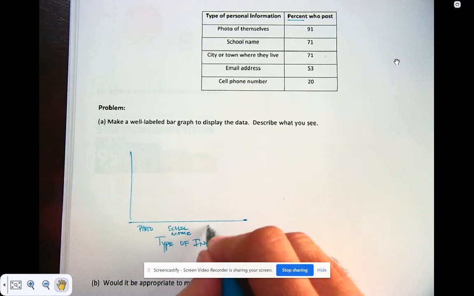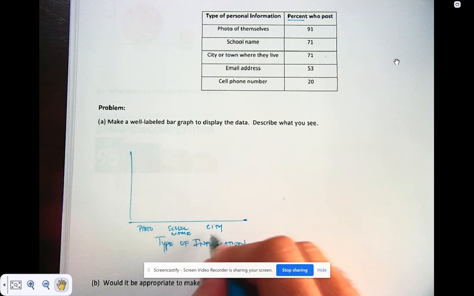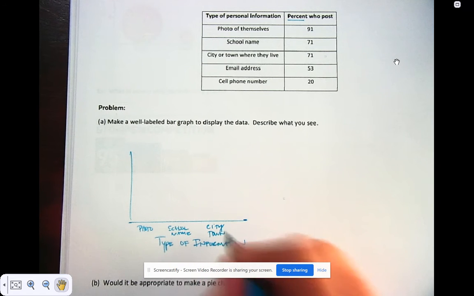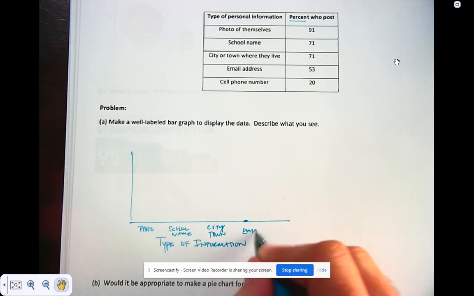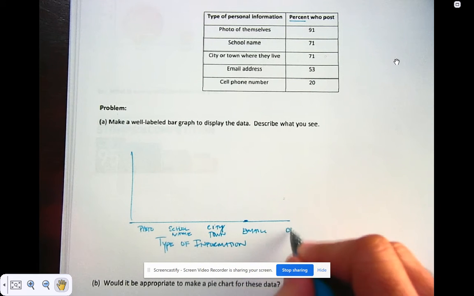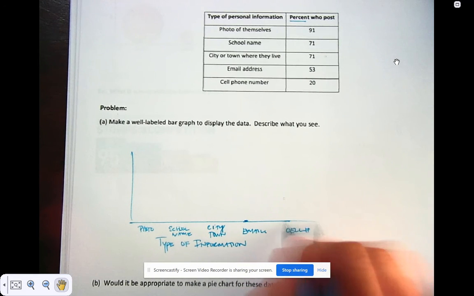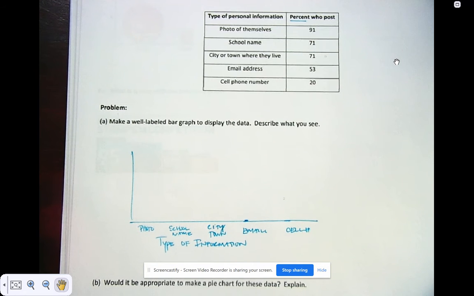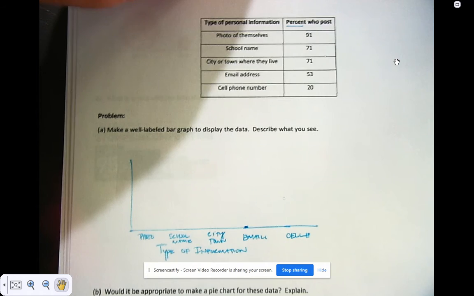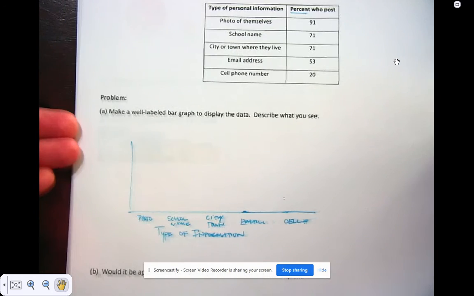You've got a city or town. You've got email. And you've got a cell number. Okay, and if you have a ruler, that'd be awesome. I'm sitting at home at my desk because it's Monday, and I don't have a ruler, so it's not perfect.